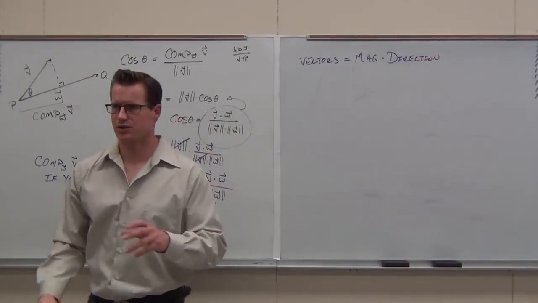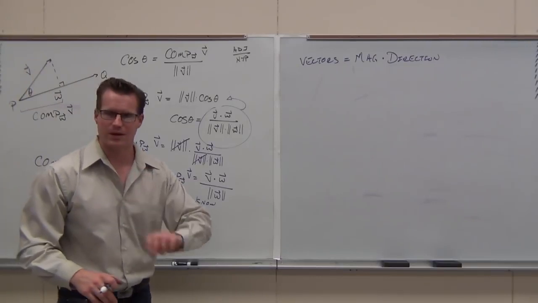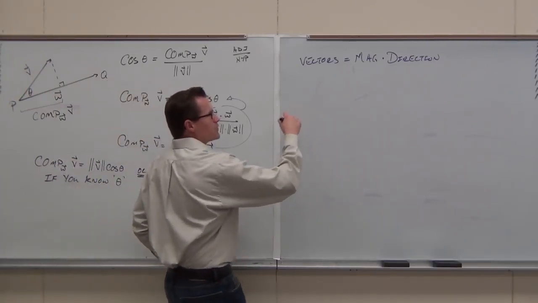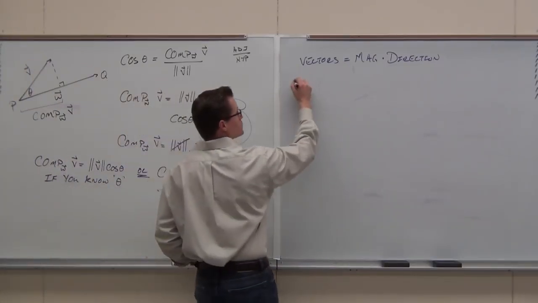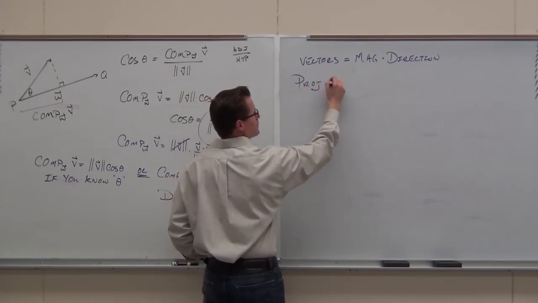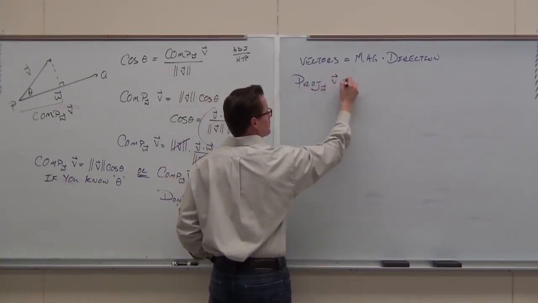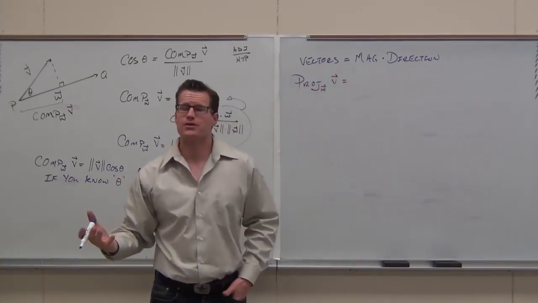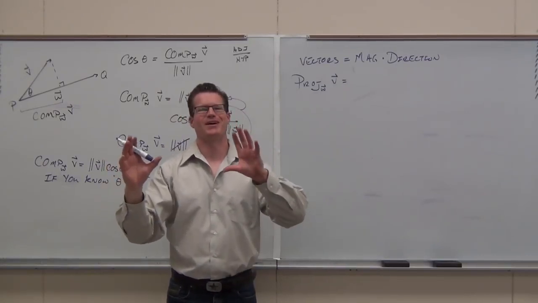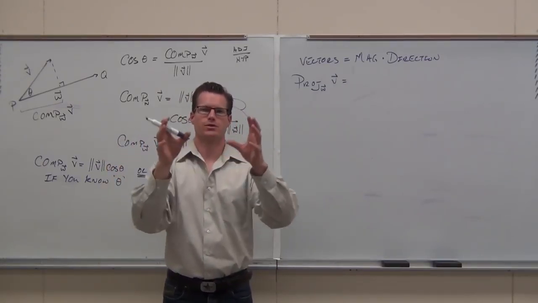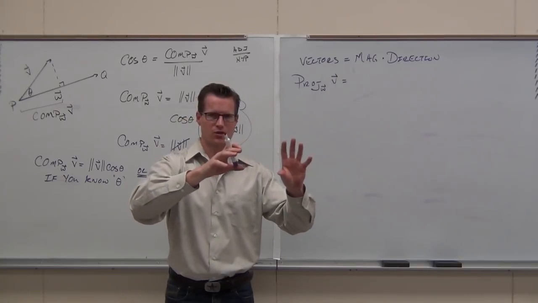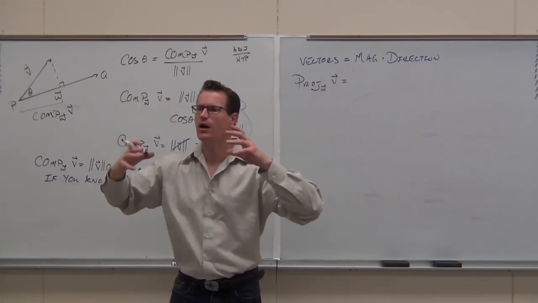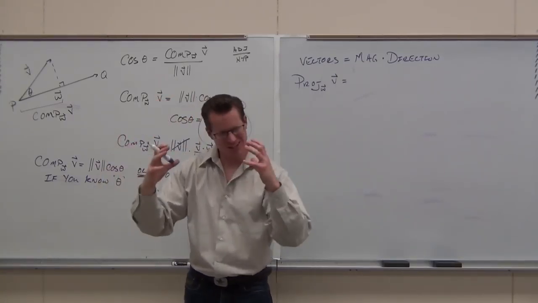Here's what we know. So this is just a little proof about getting to vector projection. So if I'm looking for the actual vector projection, every vector, man, I hope you can put it together, okay? Every vector equals a magnitude times a direction. Those words, man, they got to be up there. We just did it.